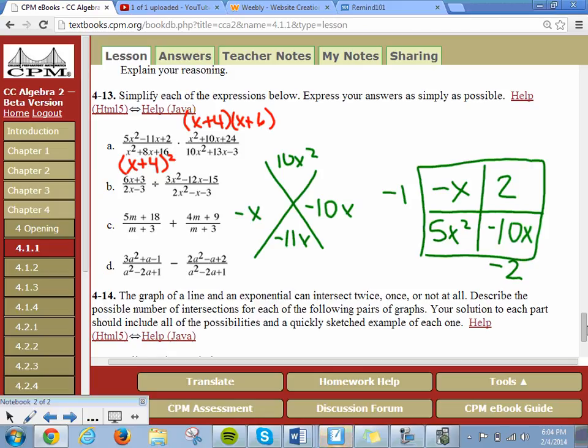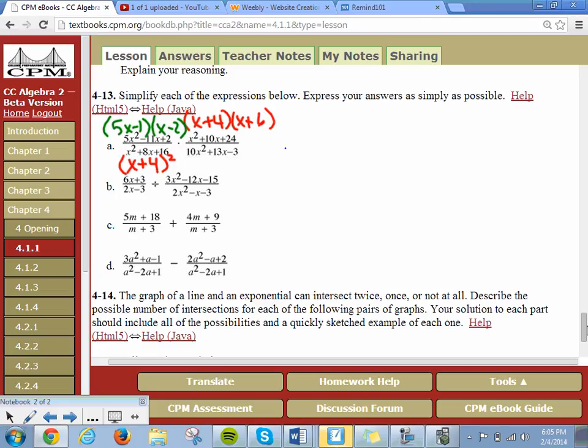Or a positive 2, so I need to have a negative 1 times negative 2. And then over here I can pull out a 5x, and it looks like just an x. And so over here we should have 5x minus 1 times x minus 2.